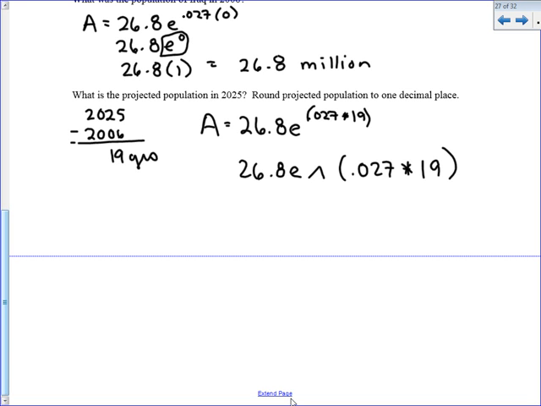Were you able to figure out yours? So what do we get for a population? Rounded to 1 decimal place, 44.8 million people.